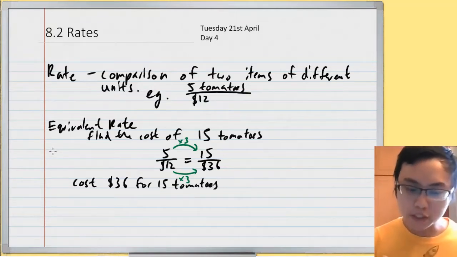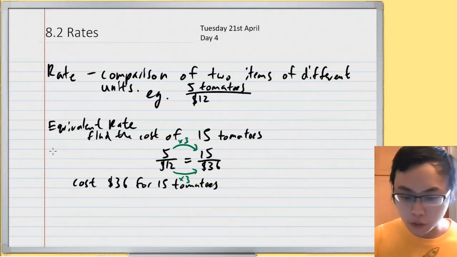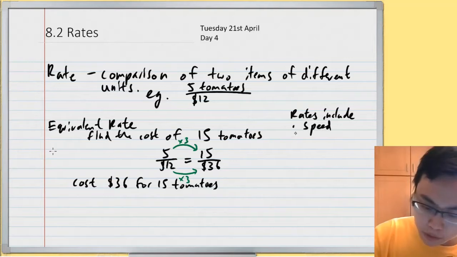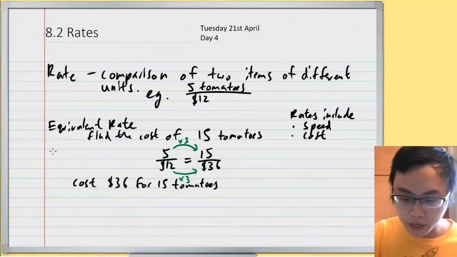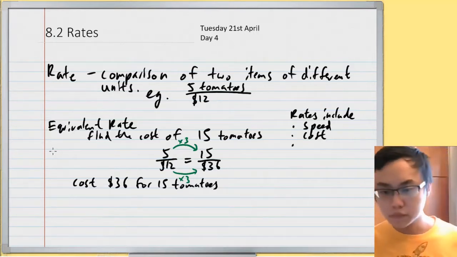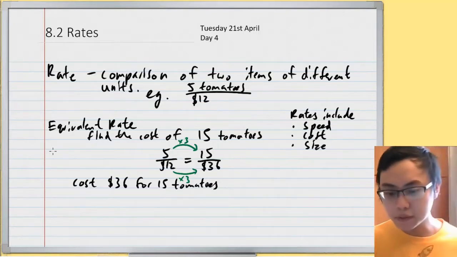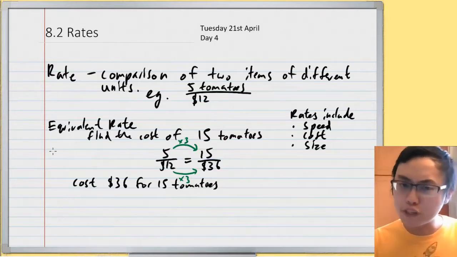And so this is rates. We can have many different types of rates. Speed is a rate. Rates include speed, cost of items, and even measurements, so size rates, such as materials per different type of thing.